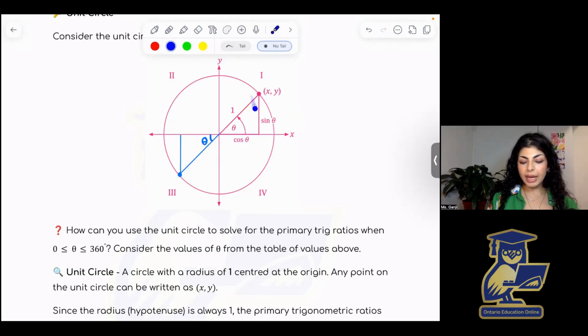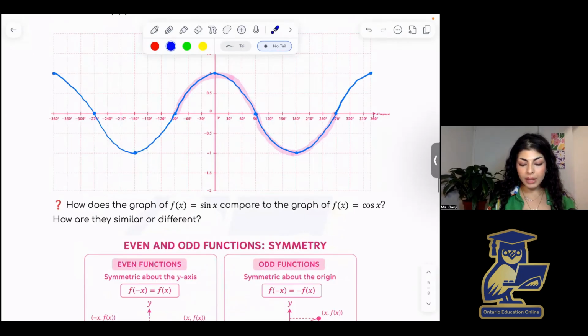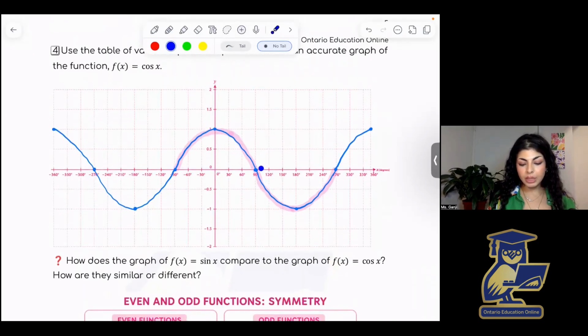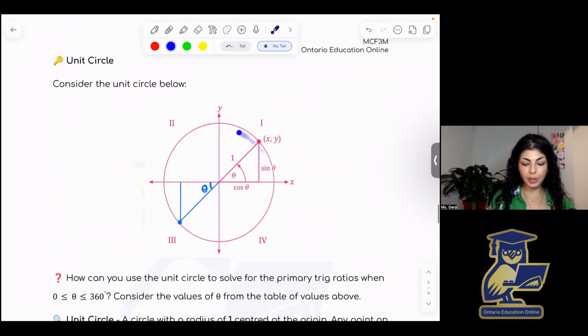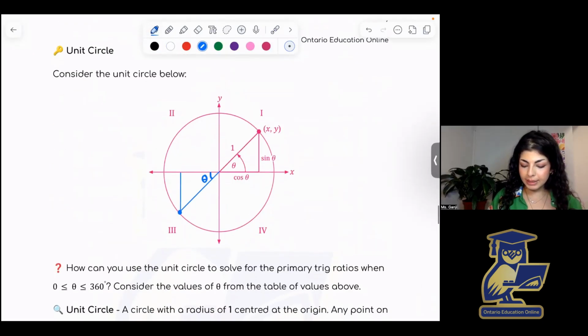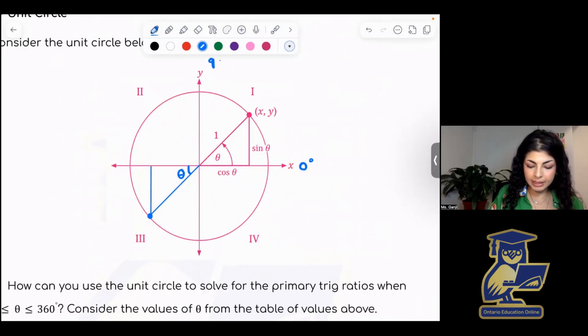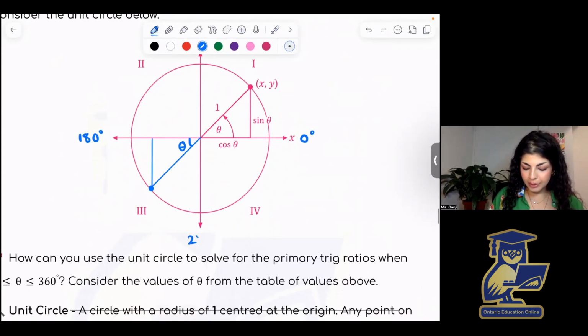So of course we know that in quadrants 1 and 4, this coincides with the positive side of our x-axis. So any angle in these two quadrants will have a positive cosine. And from our cosine graph as well, we know that the values between 0 to 90, as well as between 270 to 360, which coincides with these angles here, because this is 0 degrees, this is 90 degrees, this is 180 degrees, this is 270 degrees, and this is finally also 360 degrees.